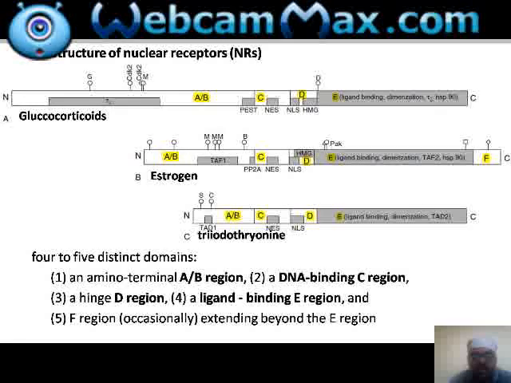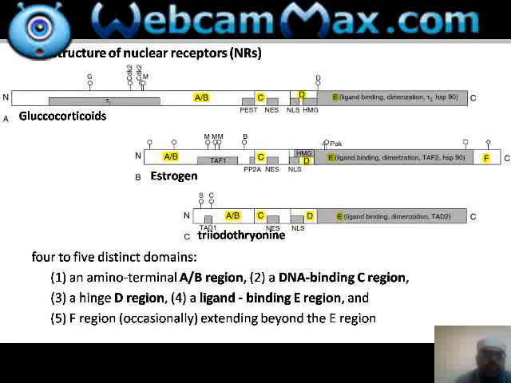Towards the amino terminal is the AB region, then we have a DNA binding C region, then a hinge region, which is the D region, and then a ligand binding E region. Occasionally there are F regions that extend beyond the E region.